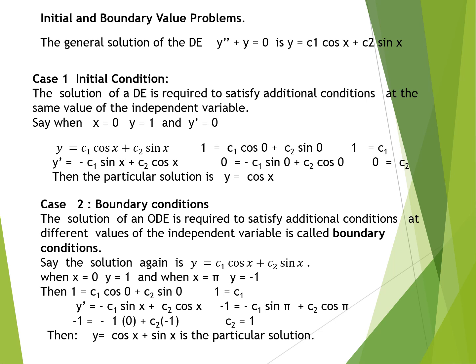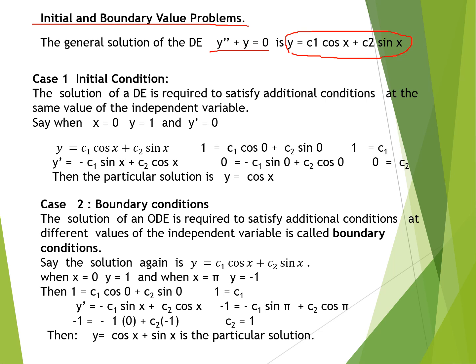Next. Now let us distinguish between initial and boundary value problems. In the previous example, we have the general solution of y double prime plus y is 0, which is y is c1 cosine x plus c2 sine x. Now it's possible for us to determine a particular solution. Let us distinguish between initial conditions and boundary conditions.